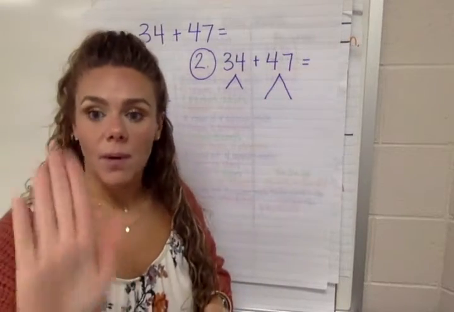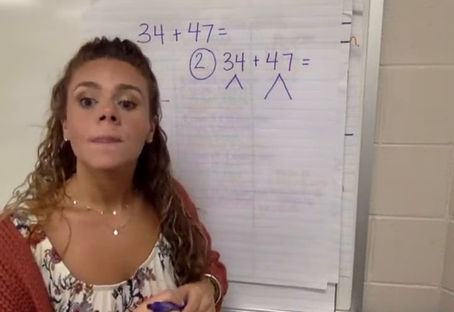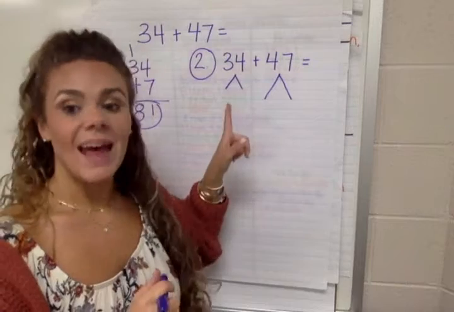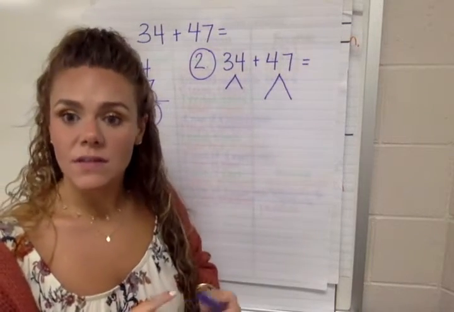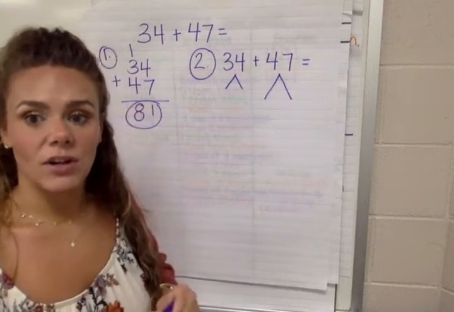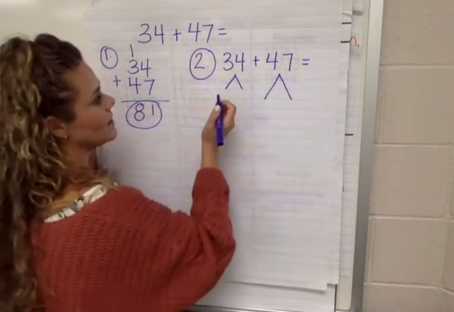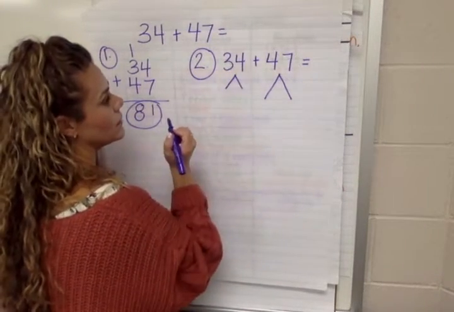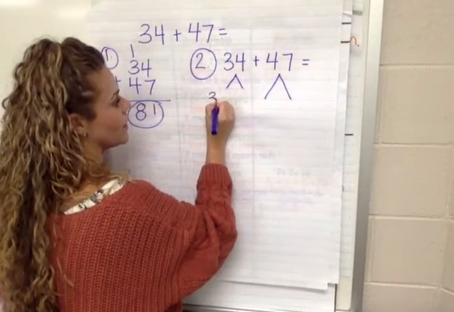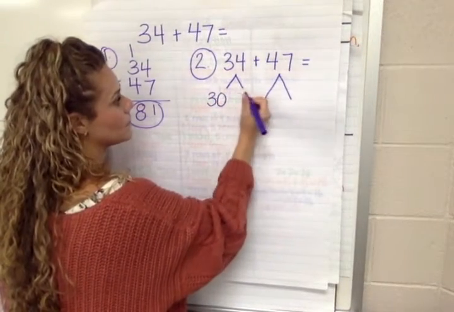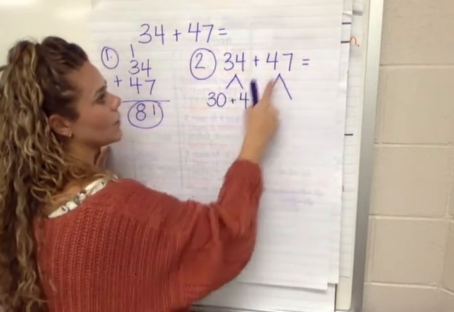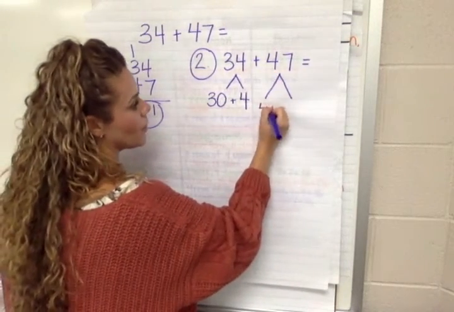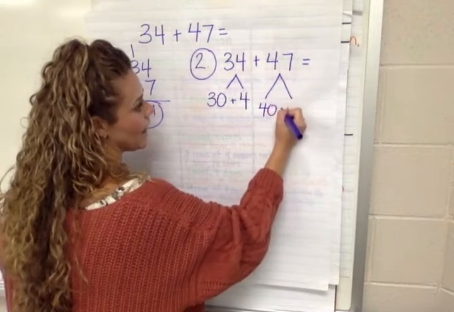I would like you to pause the video, and I would like you to solve it using this strategy that you learned yesterday. And when you're done solving, I'd like you to come back and check your answers. Well, let's see. 34, it's made up of 30 and 4. And 47 is made up of 40 and 7.